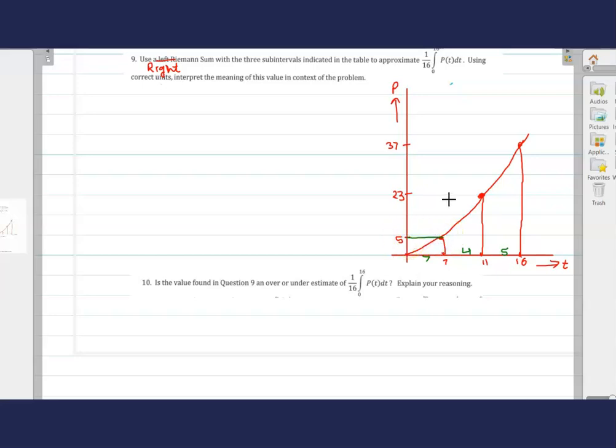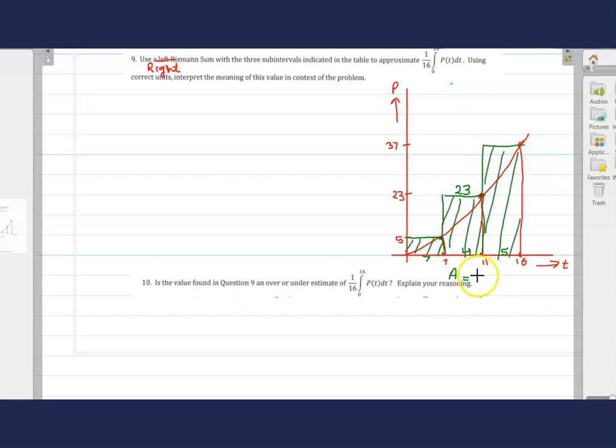Now we are going to draw the rectangles using the right endpoints. That means the height of each rectangle is decided by the y value at the right endpoint. The y value at 11 is 23. That means the height of this rectangle is 23. And the height of the third rectangle is 37.